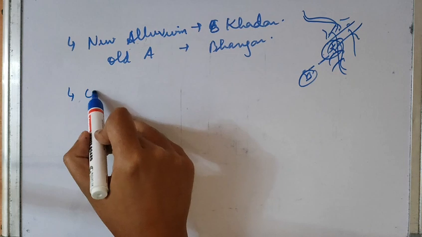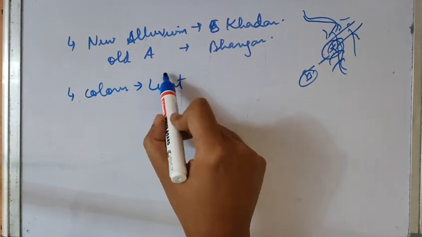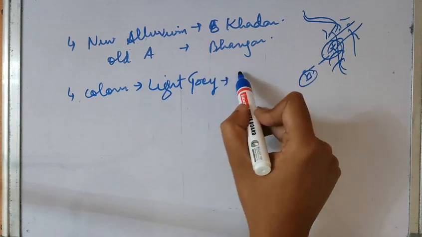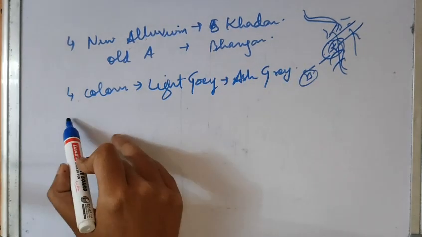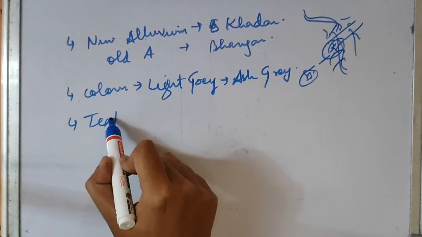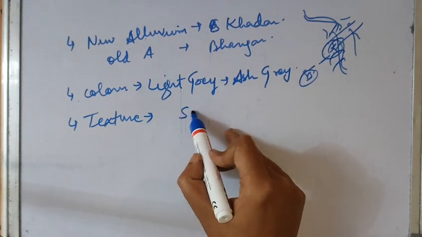The color of soil is light gray to ash gray. Texture is sandy to silty loam or clay.